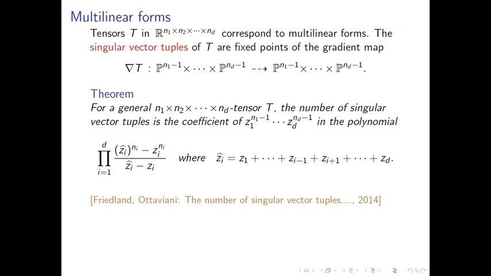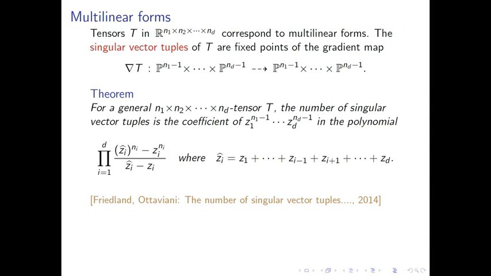This is due to Friedland and Ottaviani from 2014. Again, we have a general tensor of format n1 by n2 by ... by nd, and it's an exact count. The number of singular vector tuples is given as a coefficient in a generating function.